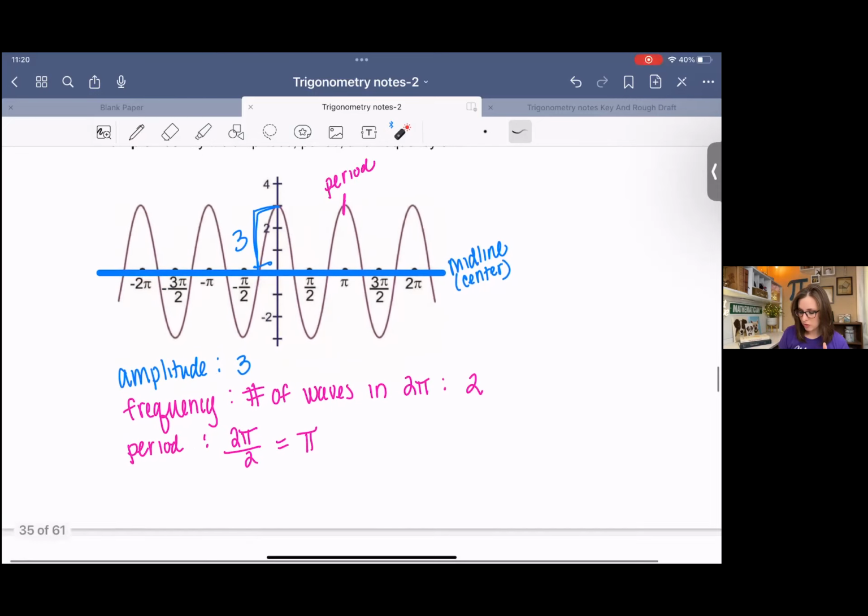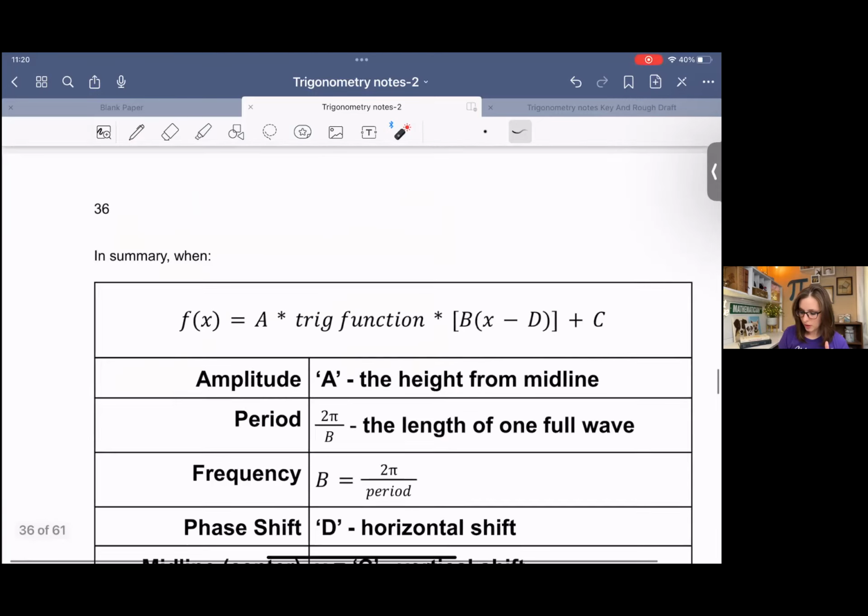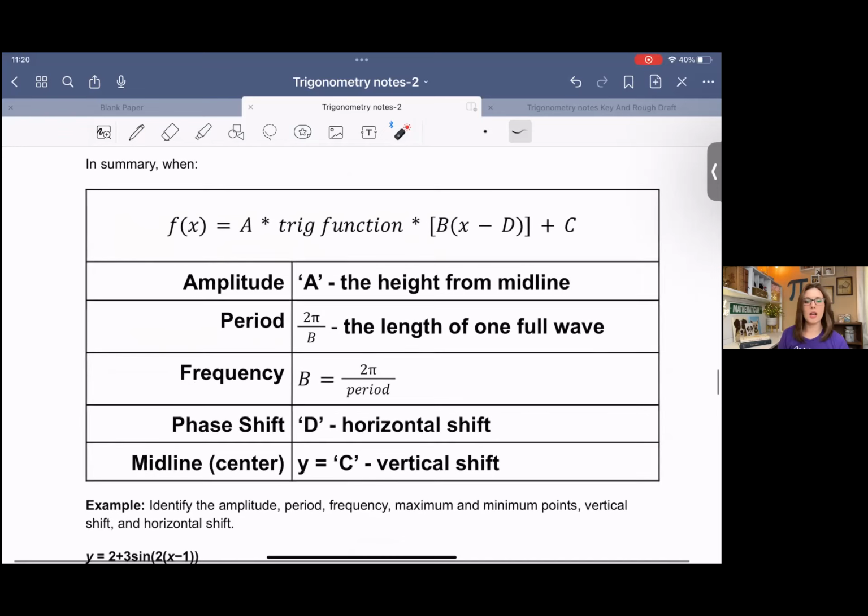I want to summarize a few things down here that will help you as you navigate these problems. So if we have f of x equals a times whatever the trig function is, sine or cosine, times b times x minus d, plus c. It looks really messy, but I'm going to show you an example, so don't freak out.